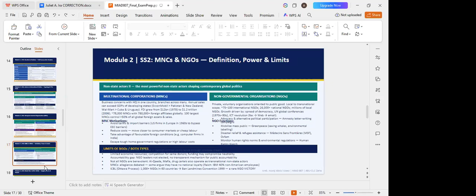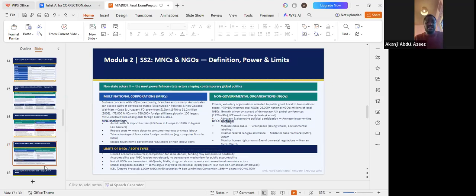A state, you already know the meaning from our previous definition. But a nation is a group of people who share a common identity, such as culture, language, history, or ethnicity.